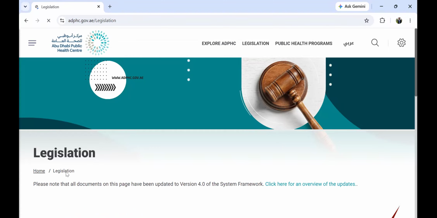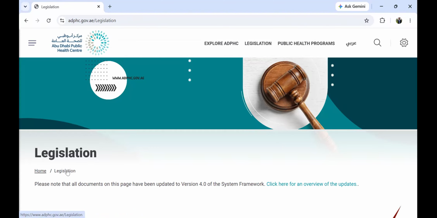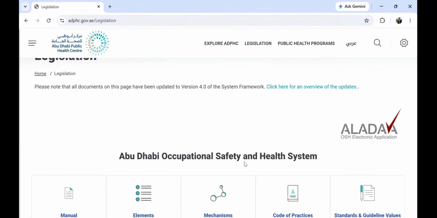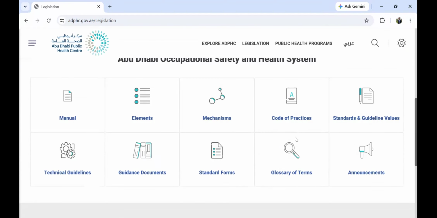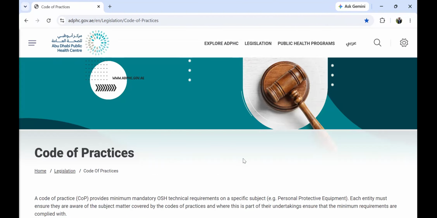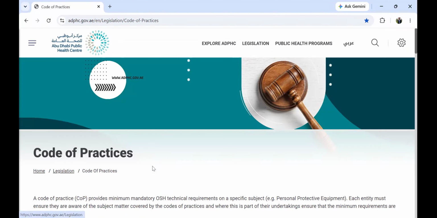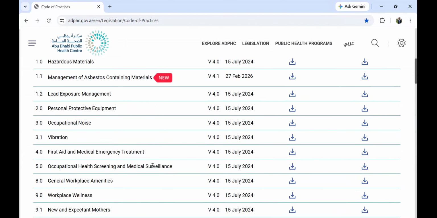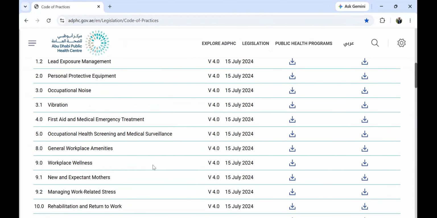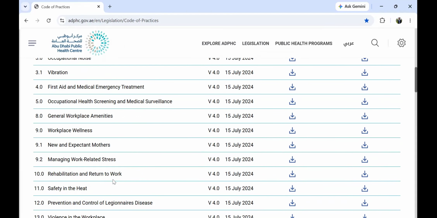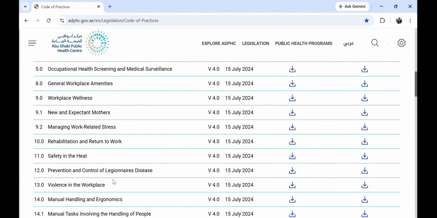So now let's come to the legislation. From the legislation, we will come to the COP, the codes of practice. Here: new and expecting mothers, 9.1. So these are special need people.